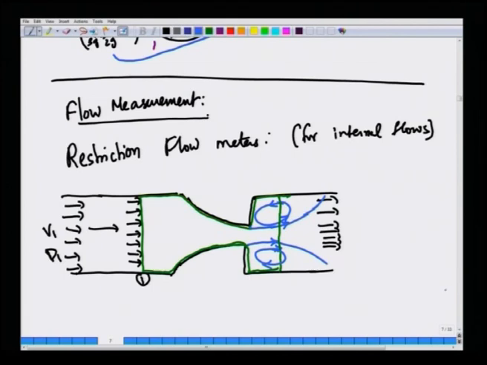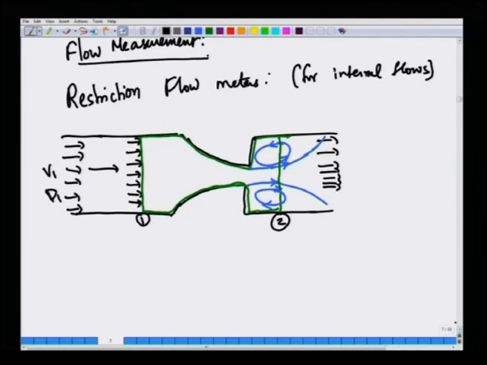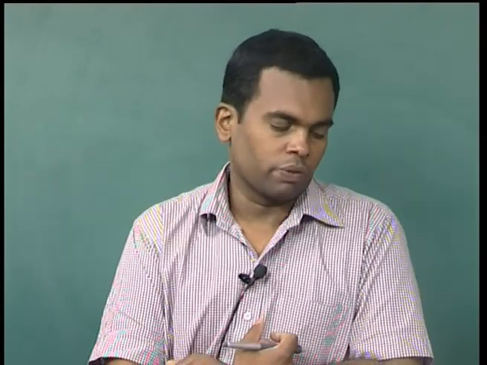So the idea is, in order to find what is the velocity, we have to measure the pressure drop between the stations 1 and 2, and using that we want to infer the average velocity upstream of the flow meter. So that is the idea. By measuring the pressure difference or pressure drop that happens between the upstream and downstream sections of the contraction of the flow meter, we want to be able to relate that to the velocity.